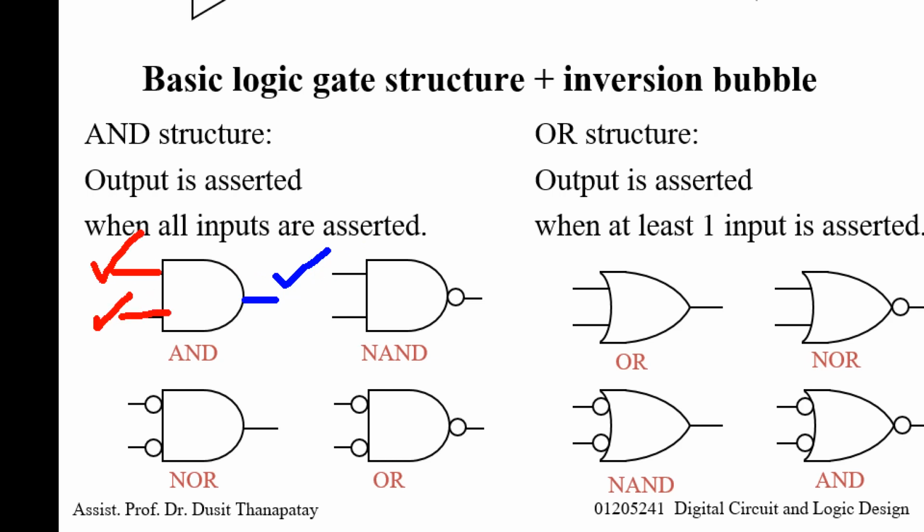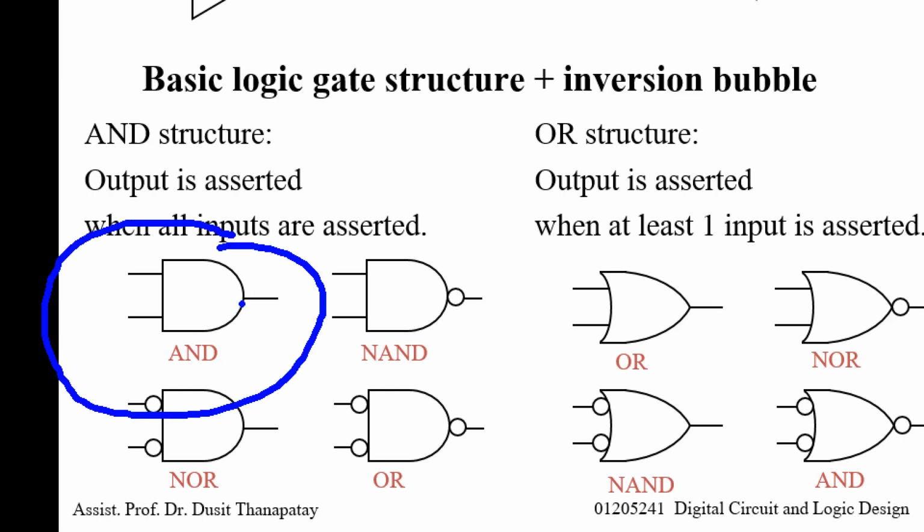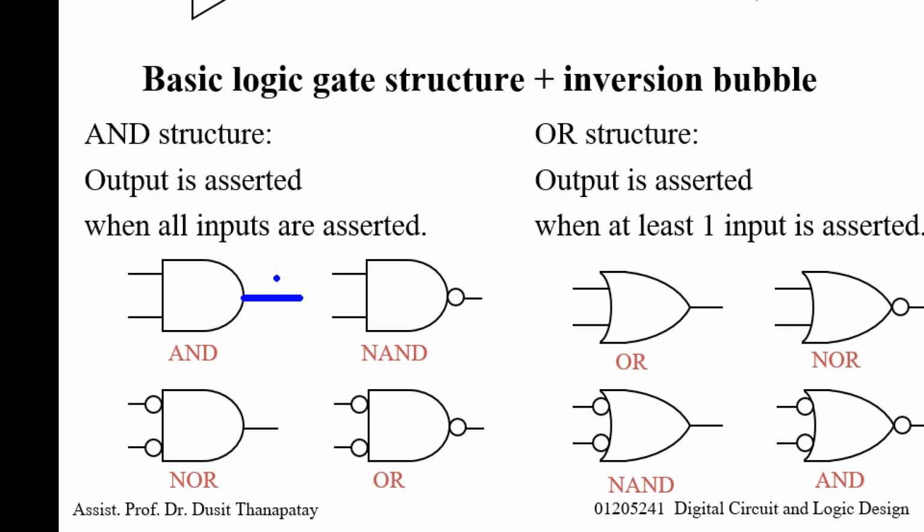Note, I just changed the words logic 1 to active. For this one, output has no inversion bubble, input also has no inversion bubble. That means output is active high.